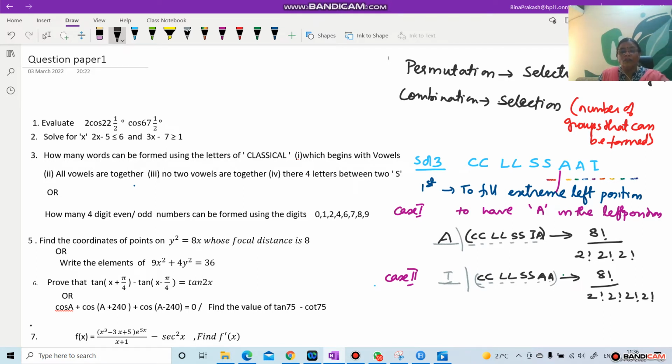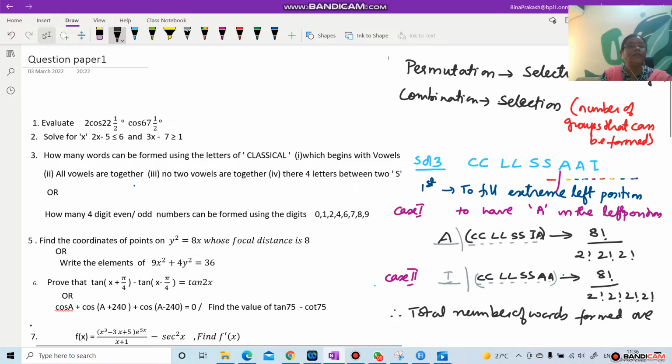So therefore, the total number of words formed are the addition of the two cases.